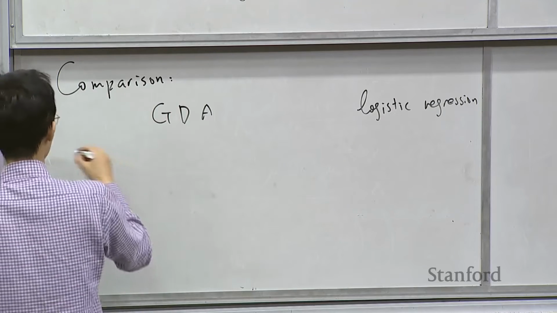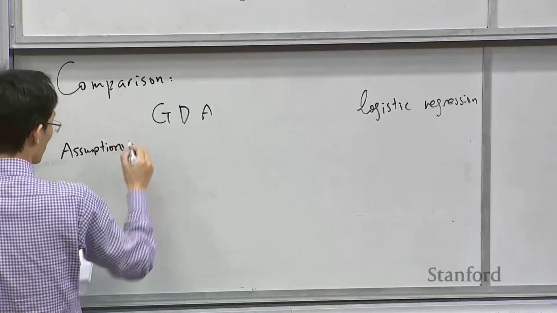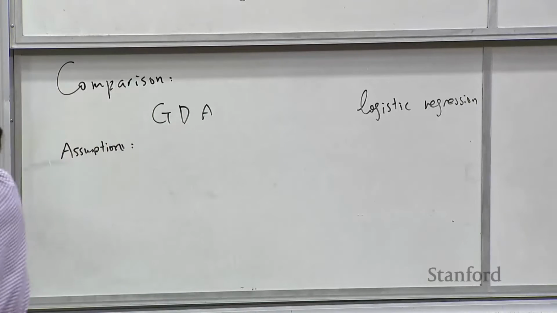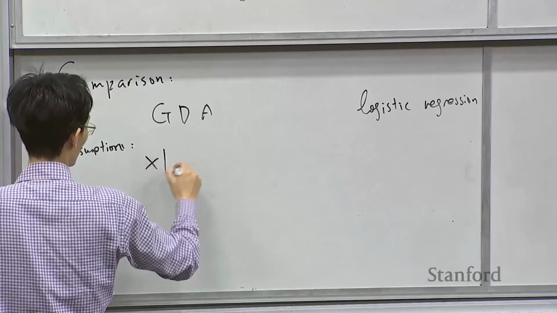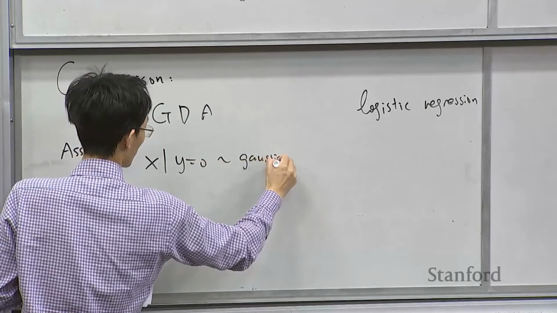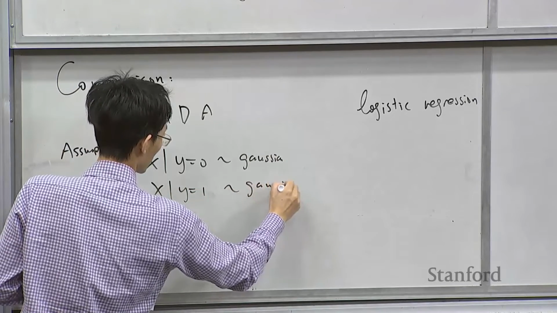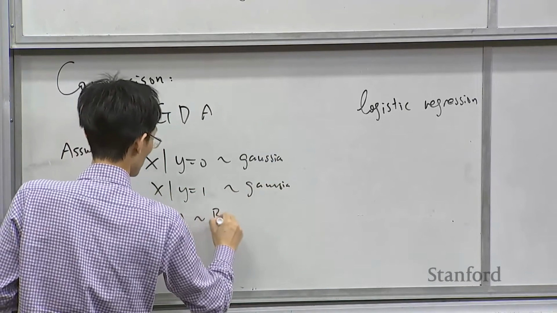First of all, in terms of the assumption, they are different. For GDA, I wrote the assumption there, so let me write it here again. This is Gaussian, and this is also Gaussian, something like this. And you also have y, which is from a Bernoulli.